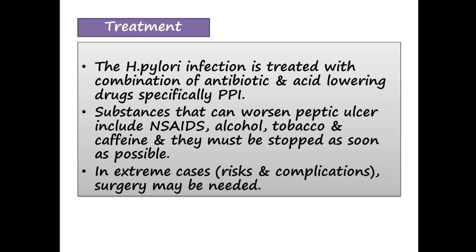Moreover, we must look for certain substances that may promote peptic ulcer disease. For example, if a patient is chronically using non-steroidal anti-inflammatory drugs or steroids, or is using alcohol, tobacco, or caffeine, we must strictly advise the patient to stop these.